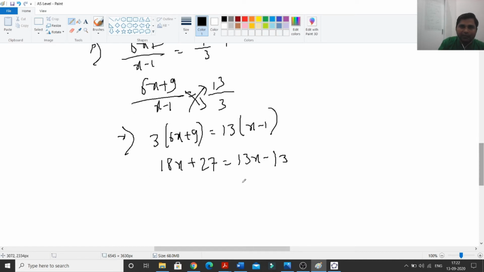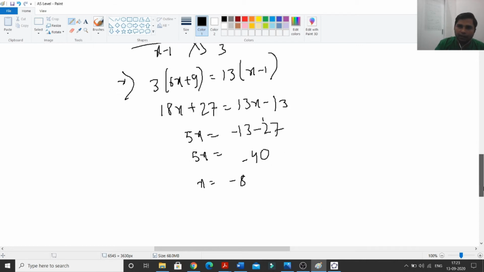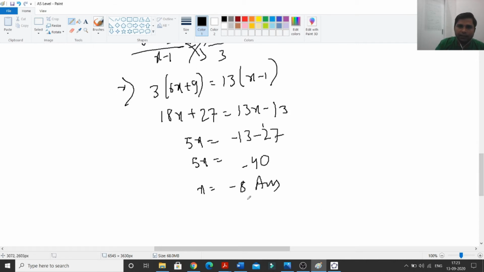So 18x minus 13x will give you 5x, and minus 13 minus 27, 5x equals minus 40, so x value will be minus 8. Okay, that's our answer. x is equal to minus 8.